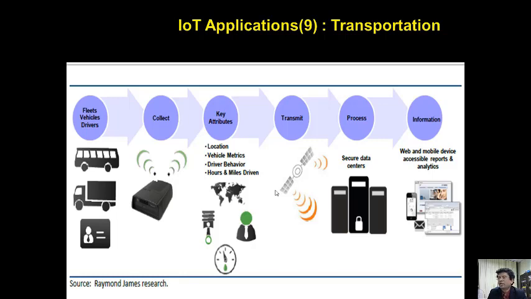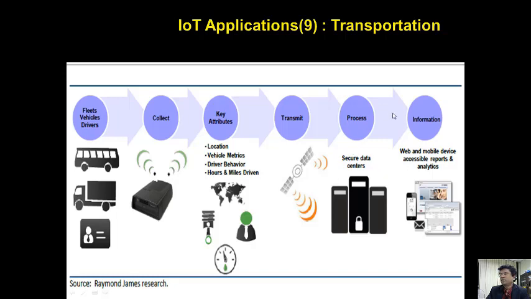Or a company with a large fleet of vehicles can collect and monitor their activity, location, vehicle metrics, driver behavior, hours, miles driven, etc., and transmit the data to a data center.